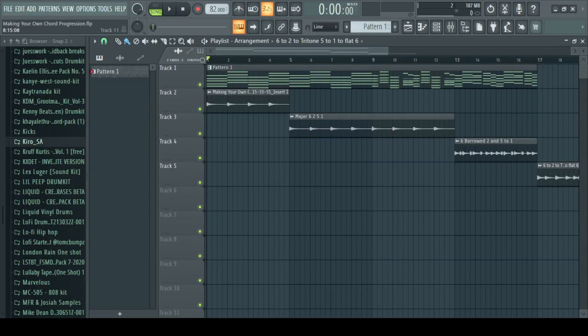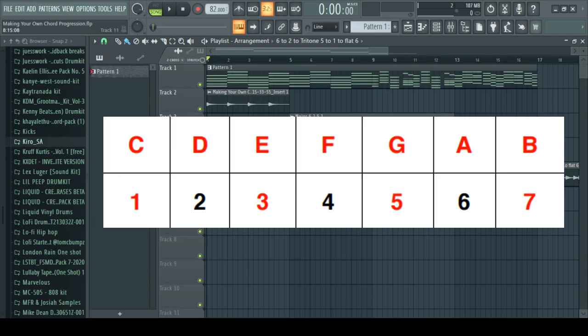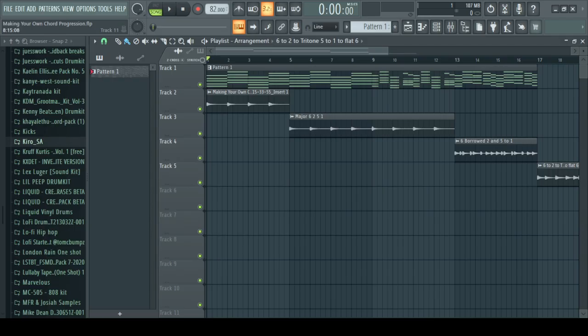So we all know the number system. It's basically the numbering of chords from chord number 1 all the way to chord 7. We can further break down the number system into camps to explain the role they play within a chord progression.